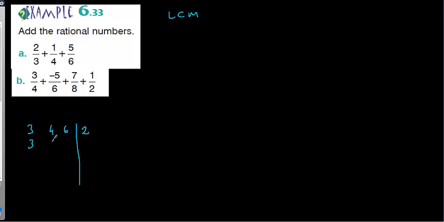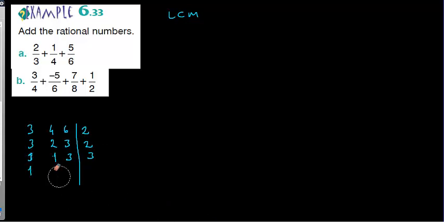That's why I'm dividing by 2. This is going to be 2, this is going to be 3, and one number is divisible by 2, that's why we are continuing with 2. So it's going to be 1, and this is 3, because 3 is not divisible by 2. The last number, dividing by 3, is going to be 1.